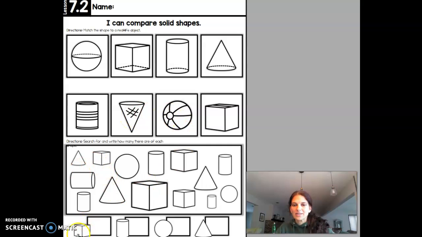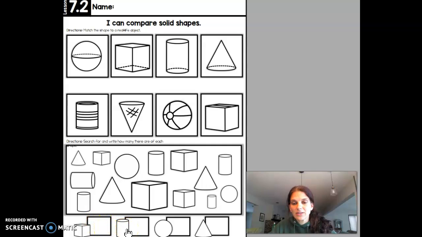Now, in this bottom box here, they want you to search for and write how many there are of each. So, I would like you to count how many cubes there are with me. So we have 1, 2, 3, 4. There are 4 cubes. So in this box, next to the cube, you would write 4.